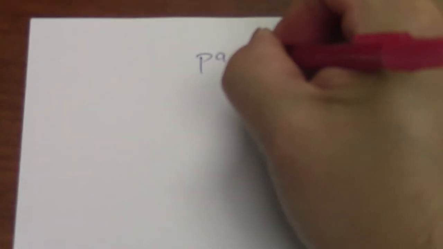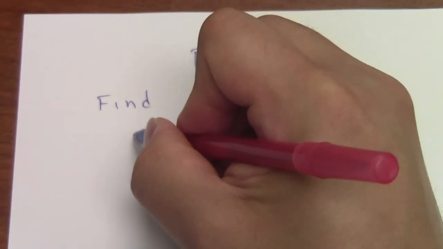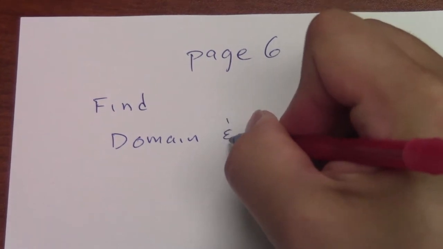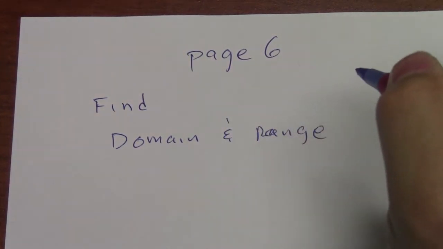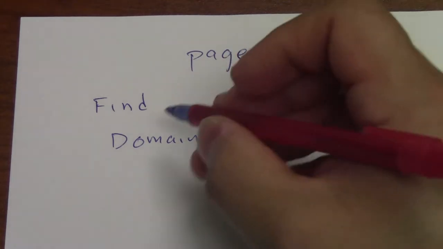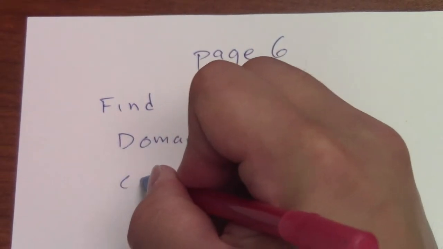Almost done. Page 6. All right. Let's see. Finding domain and range. All right, and then let's see, your constants.